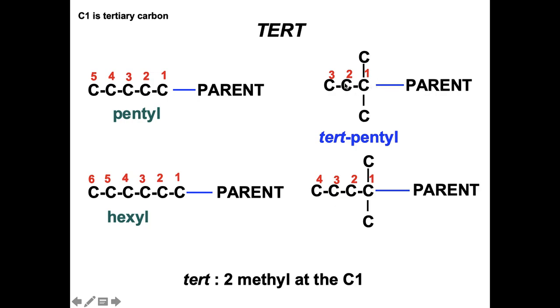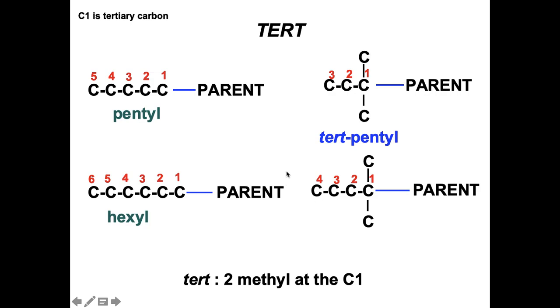Carbon number 1, carbon number 2, carbon number 3. Tert is you have 2 methyl. For sec you have 1, but for tert you have 2 methyl at carbon number 1 branch. So here carbon number 1 branch, 1, 2. 2 methyl. So the total number of carbons are 5, so you call it tert-pentyl.